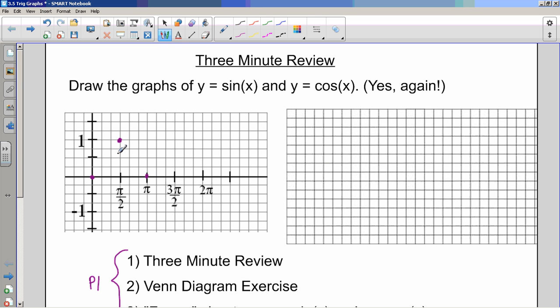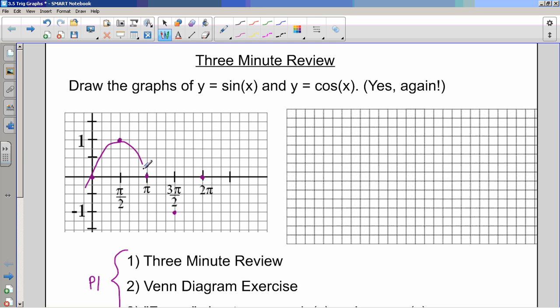There were other points that we did on that table last class, but these are what I call the important points. Important points every 3 ticks, every pi over 2, and it repeats the pattern, periodic. Middle, high, middle, low, middle, high, middle, low, and I could keep going forever if I wanted to.